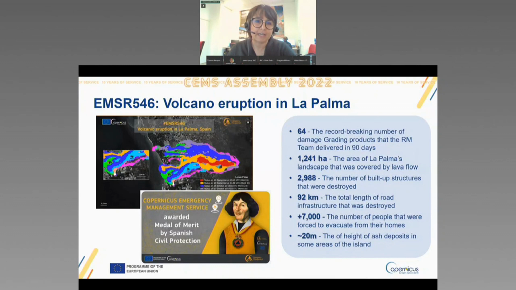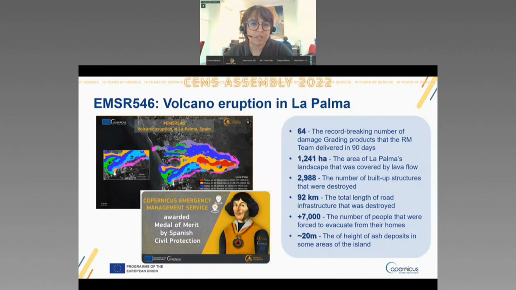More than 1,000 hectares was the extent of the landscape that was covered by the lava flow. We started delivering the first product where we extracted the extent of the lava flow that was only 100 hectares, and about 3,000 buildings were completely destroyed, and more than 19 kilometers of road infrastructure were completely destroyed.